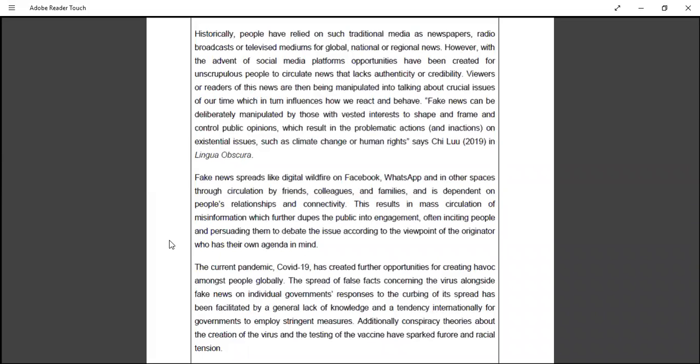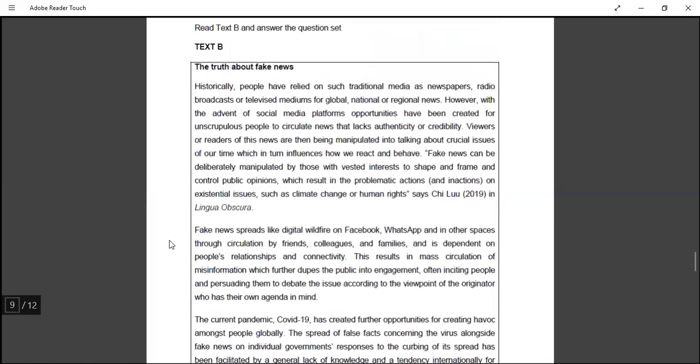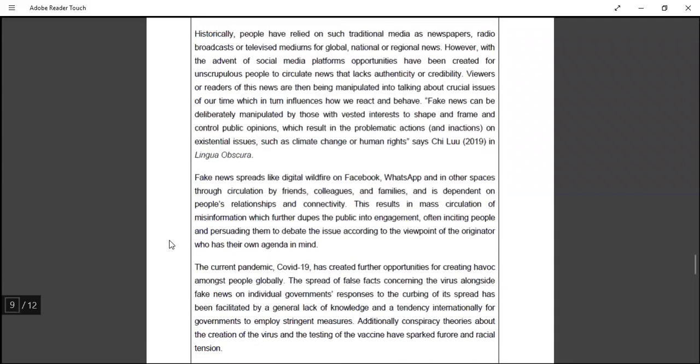So this, as the title says, the truth about fake news. Already you can really think of what the article is about before reading it. When you read it, you get the general idea. They're talking about fake news and how it spreads so much because of the mediums that exist.